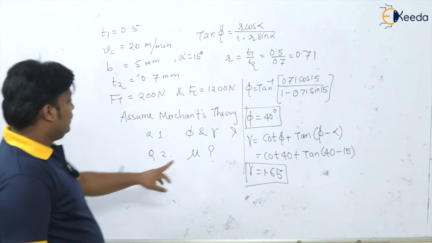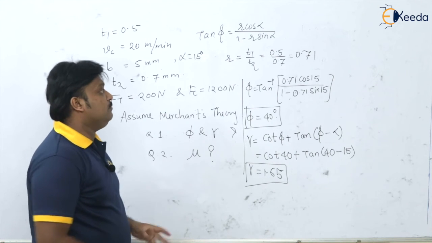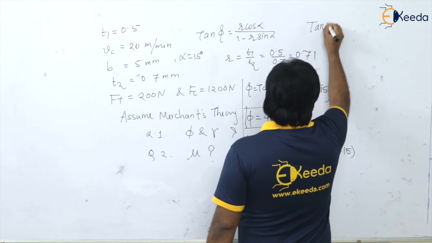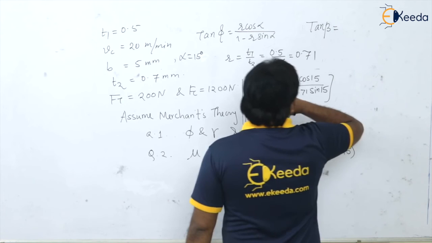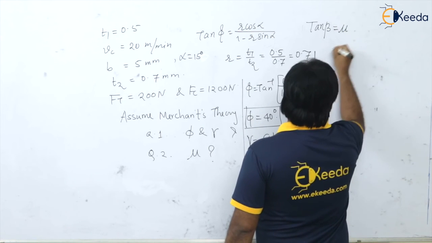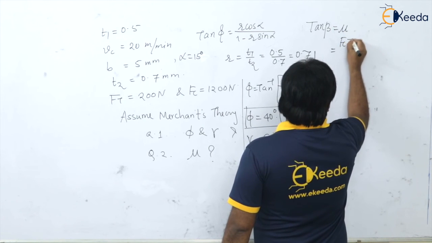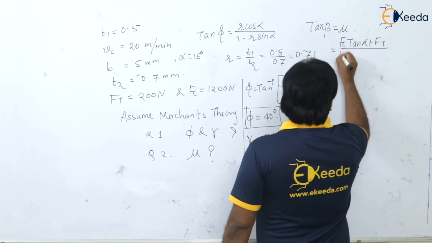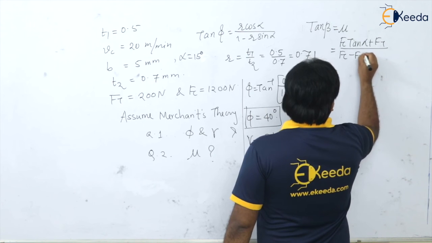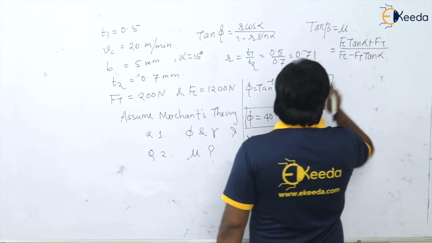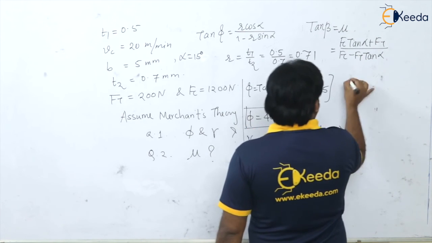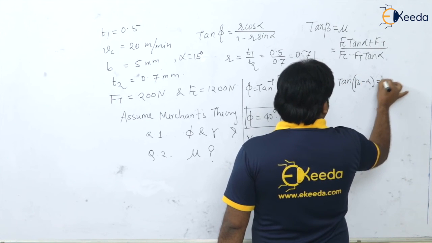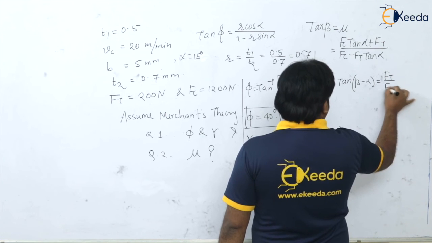Now to calculate the coefficient of friction by Merchant's theory, we know that tan of beta is equal to the coefficient of friction mu, which is equal to Fc tan alpha plus Ft divided by Fc minus Ft tan alpha, isn't it? Or we can have tan of beta minus alpha equal to Ft divided by Fc.